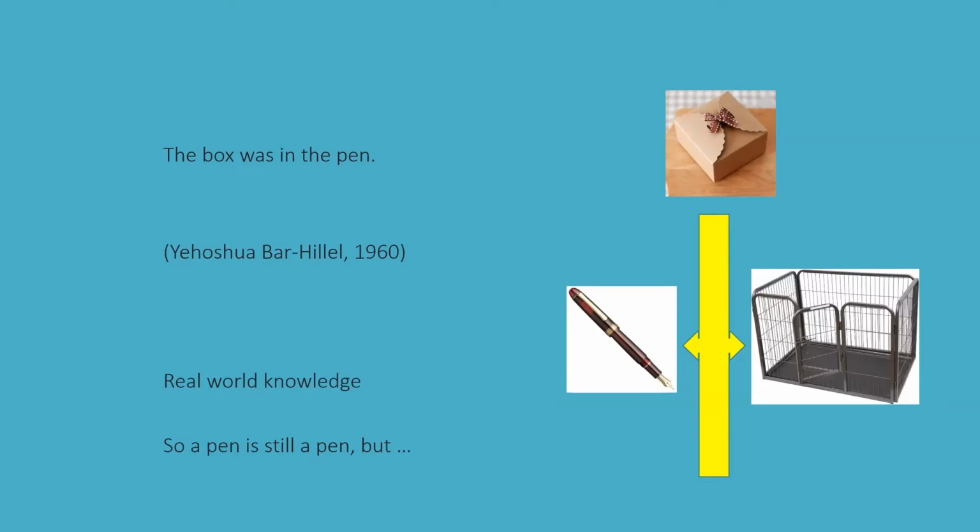So in this sentence, the box is still the box, but the pen is not the pen any longer. I have some typos here, sorry for this. You see, the pen is like this, and the box is like this. It's not this pen, it's this pen. So after we do the disambiguation, we can fully understand the original sentence, and then we can ask the machine to do the translation in a correct way.